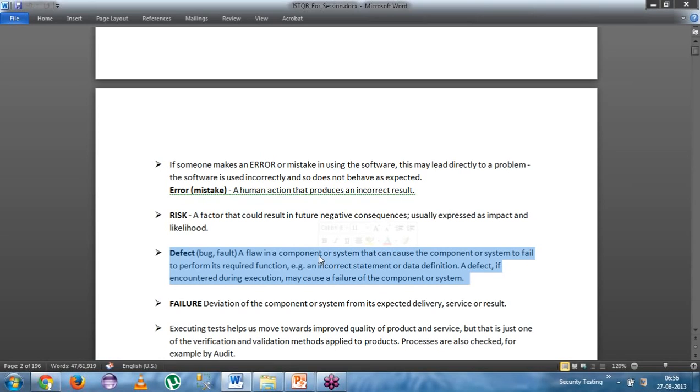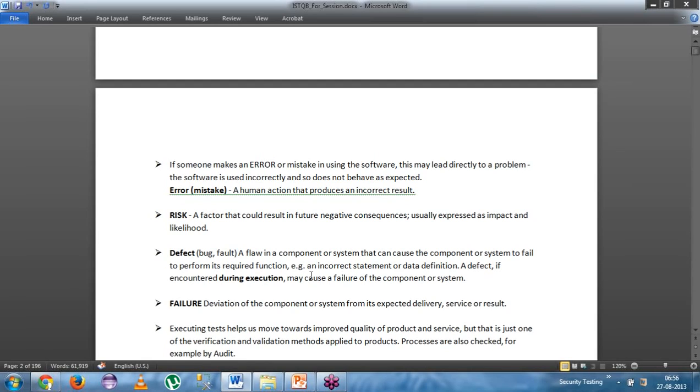Now, to understand what a defect means: a defect is an incorrect statement or a data definition, encountered during execution. This is the most important thing. When you execute the piece of code, it can be during unit testing, integration testing, system testing, any of the testing phases.